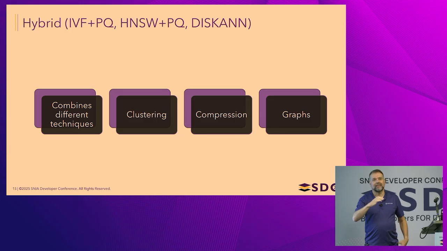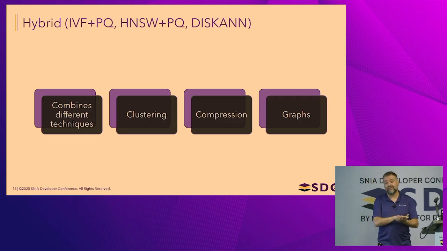Again, it's not that one is better than another. It's just what trade-offs you want to have. So DISKANN is considered a hybrid because it uses graph and it uses compression.